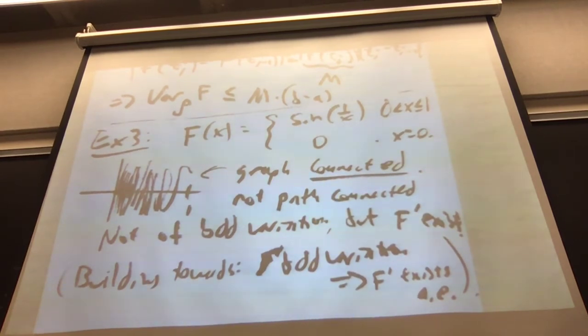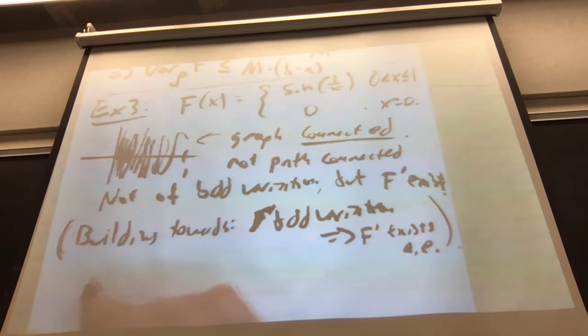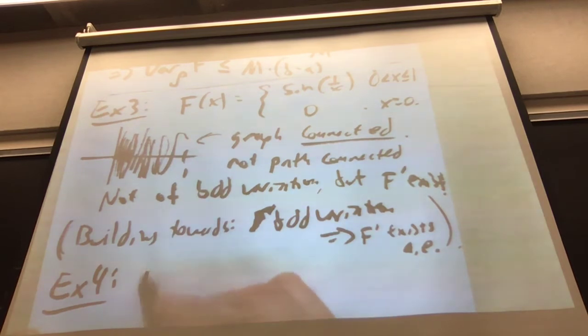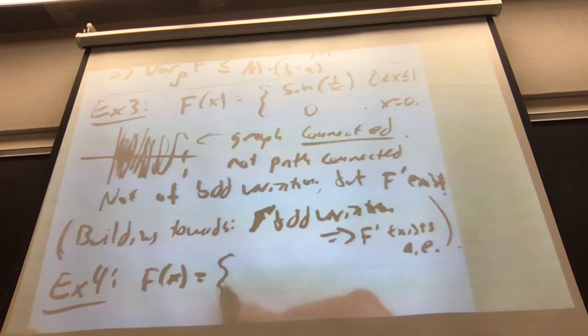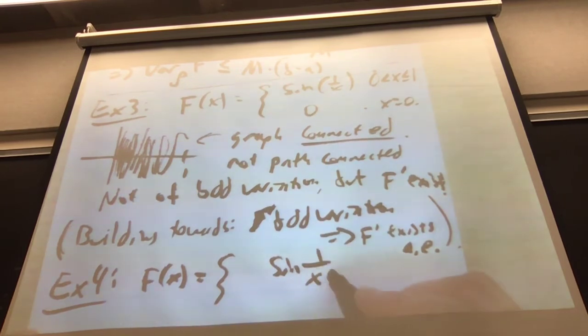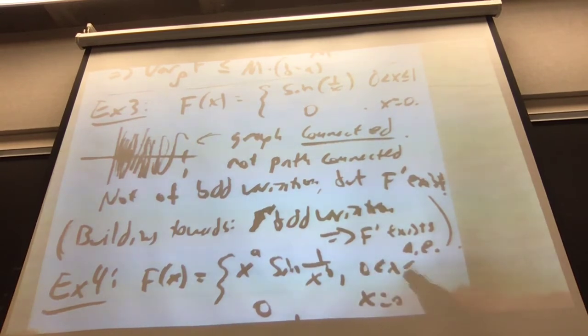Okay, there'll be a nice homework on what happens to these functions. So maybe let's call these examples 3 prime or 4. What happens to this? Let's take sine of 1 over x to some power, and give it some other power, and 0 if x is 0, where A and B are any real numbers.